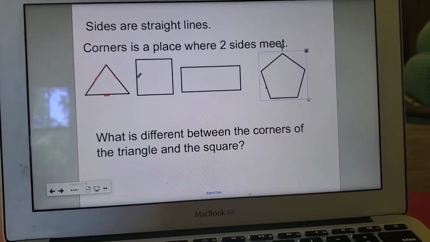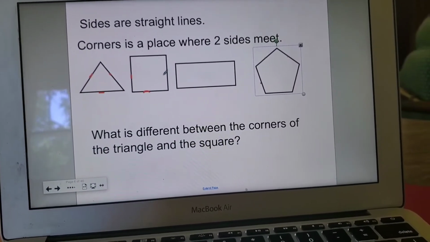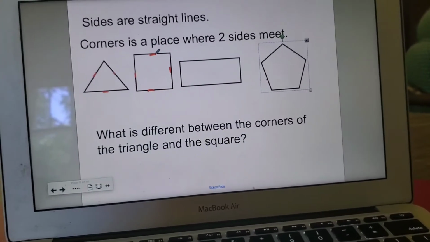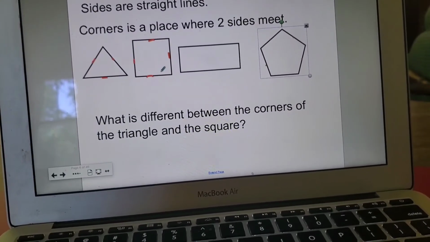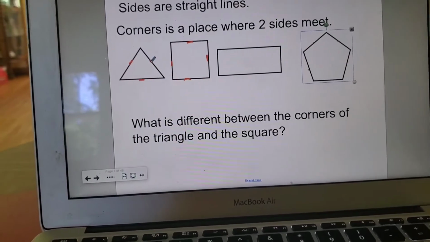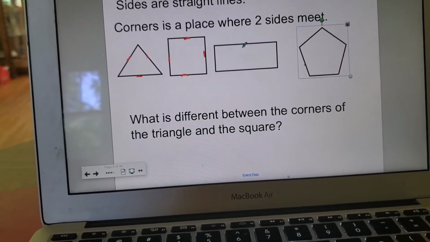What are the sides of the square? Right here, right here, right here, right here. How many sides are on the square? Let's count them. 1, 2, 3, 4. Well, let's count the sides of the triangle. I forgot that. 1, 2, 3. There's 3 sides of a triangle, 4 sides of a square.